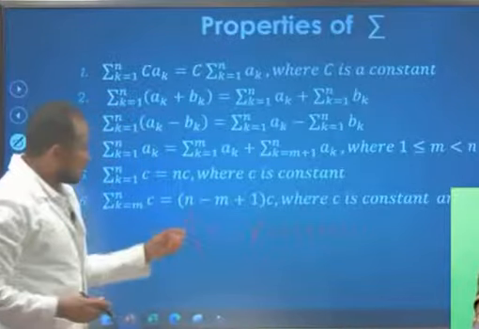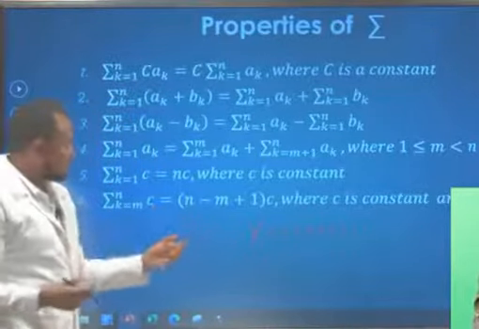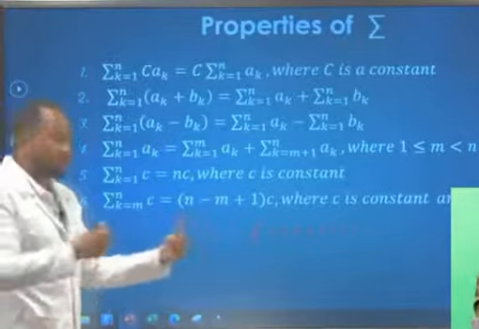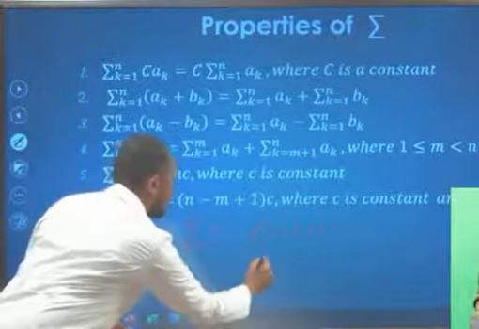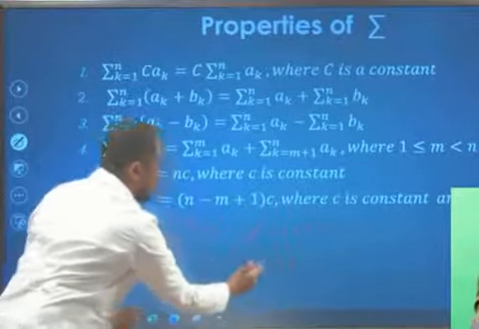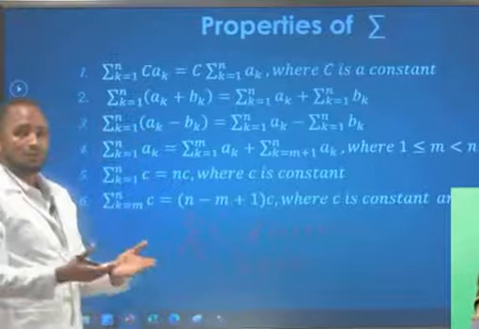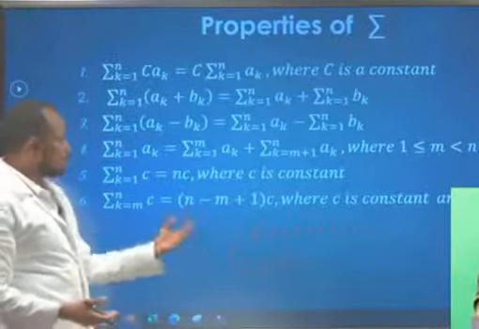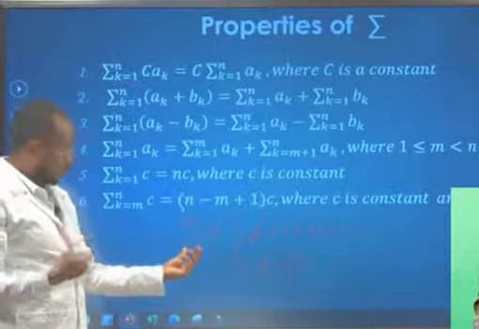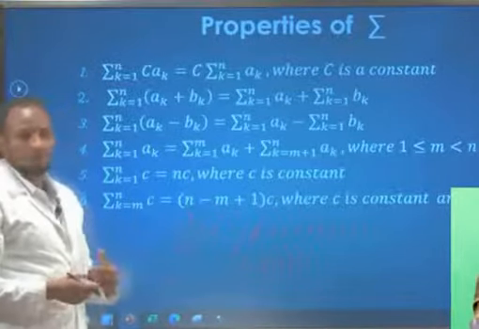Therefore, you can easily count the number of terms by subtracting the two: 5 minus 2 plus 1, times c. This is 5 minus 2 plus 1, which is 4c. So the summation of c where K starts from 2 up to 5 is 4c.